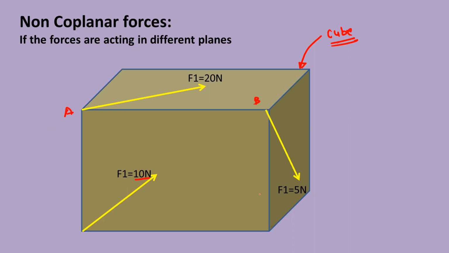So this is A, B, C, D. Okay, second force, which is 5 Newton, it acts in this plane, which is B, C, E, F. And the third force F3, which is 20 Newton, it acts in this plane, which is A, B, F, and G. Okay, so all these planes, they are perpendicular to each other, and this becomes the non-coplanar force system.